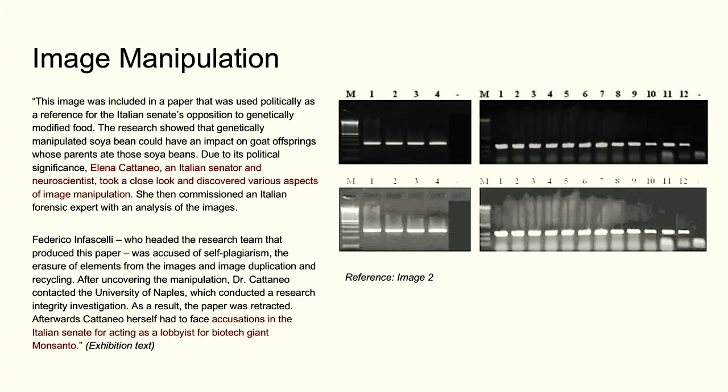And however you feel about genetically modified food, the argument was that it could have an impact on the offspring of goats that ate the soybeans, and it had political significance. One of the Italian senators, who was a neuroscientist, looked more closely at these pictures and said, actually, there's manipulation here. There are some things that have been changed here.